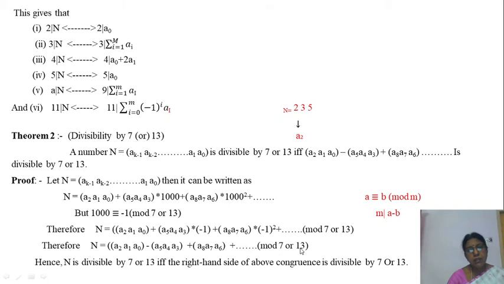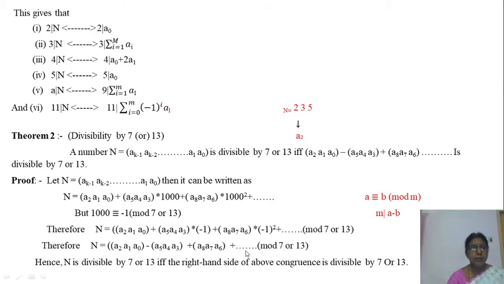For 13 also the same procedure. Suppose divisible by 13, we let a number n equal to this one. Now 1000 plus 1 is divisible by 13 also. Now n can be written as this mod 13 in the last step.